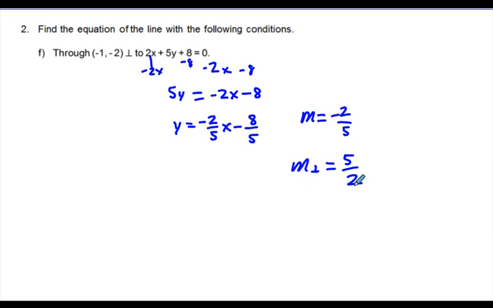This is the slope that we're going to use with the given point. So we're going to have y minus y1, so minus -2 is going to be plus 2, equals 5/2 times quantity x minus -1, so x plus 1. So this is going to be our equation for F.